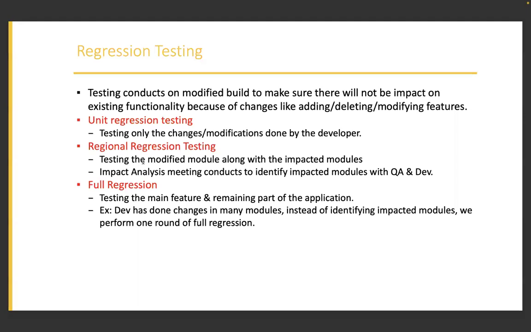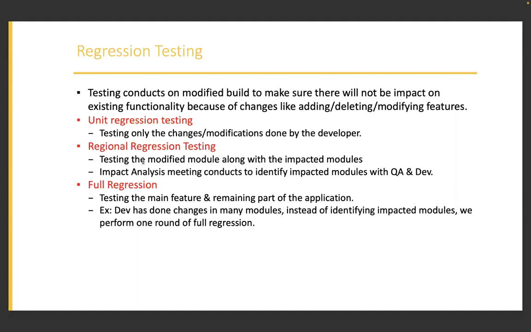We have a few types: unit regression testing, regional regression testing, and full regression. Unit regression is for a single unit, single component, single module, guys. Regional is where we validate all the impacted modules to see whether they are working fine or not.